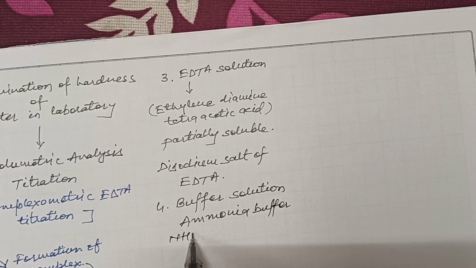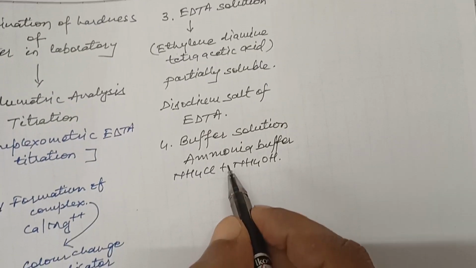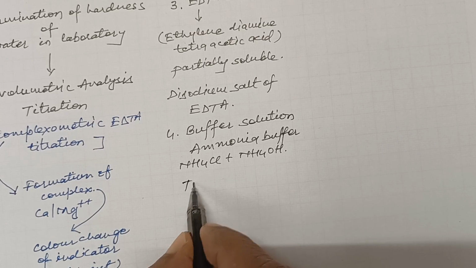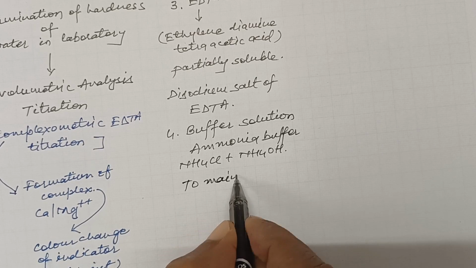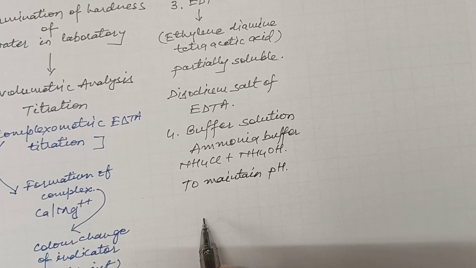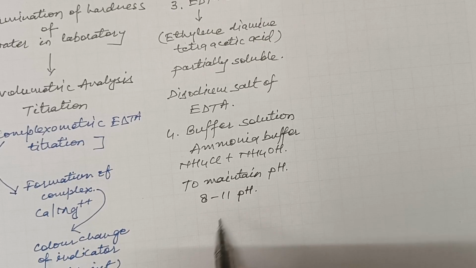It is the combination of ammonium chloride powder with ammonium hydroxide solution, and it is required to maintain the pH of the solution, and here 8 to 11 pH is required to carry out this practical.